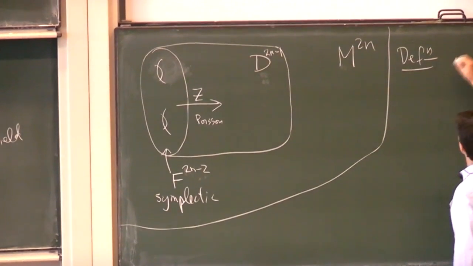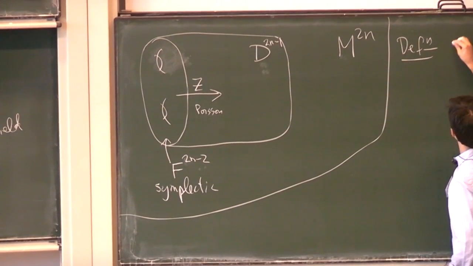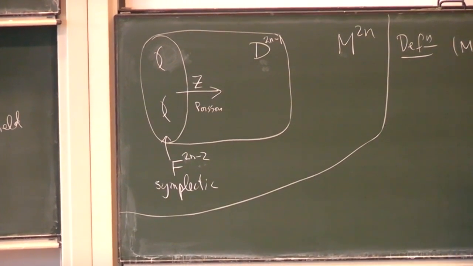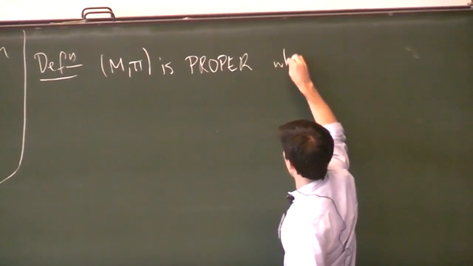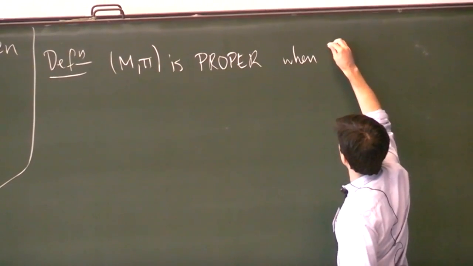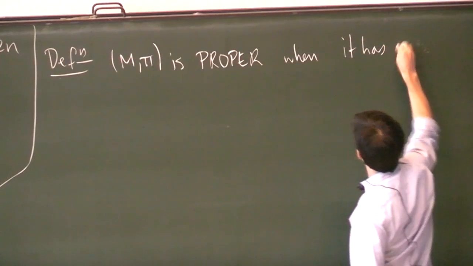just to make my life simple, we'll say that the Poisson structure pi is proper, when it has compact leaves.